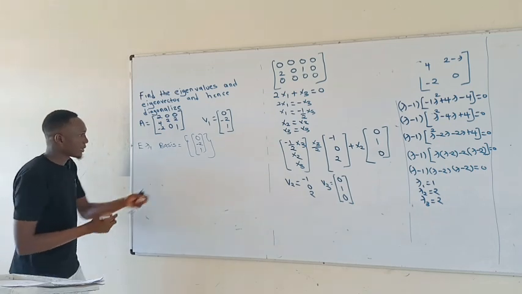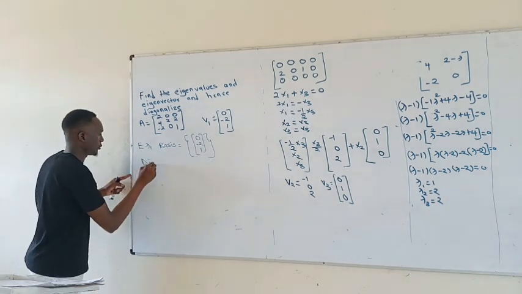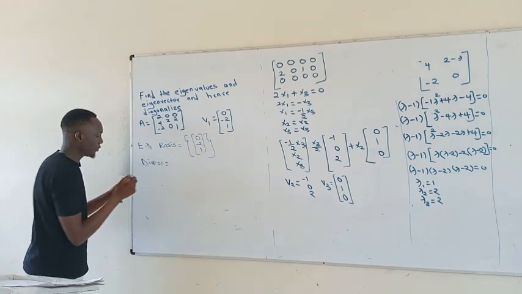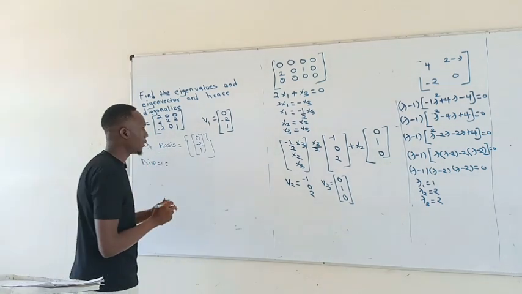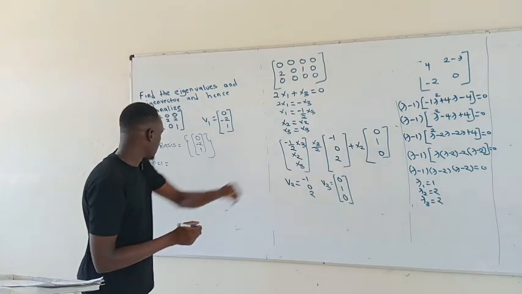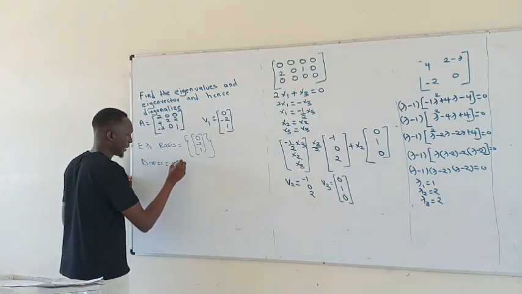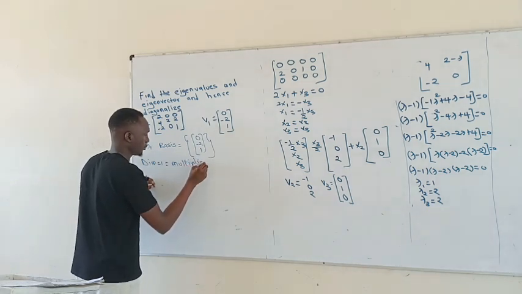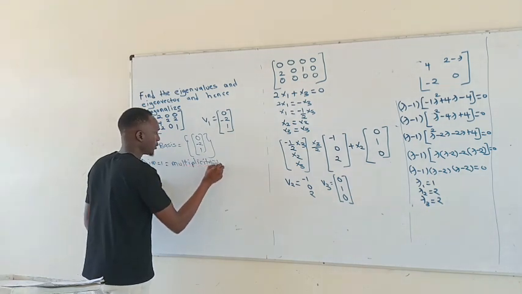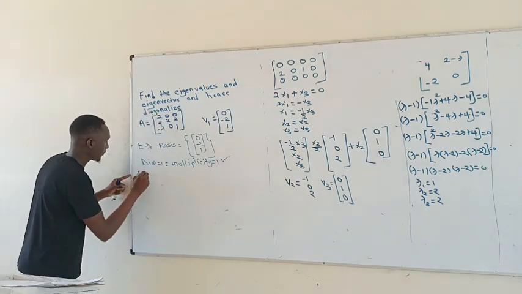We realize the dimension is 1 and it's equal to the multiplicity of our lambda 1, which is also equal to 1. That's true.